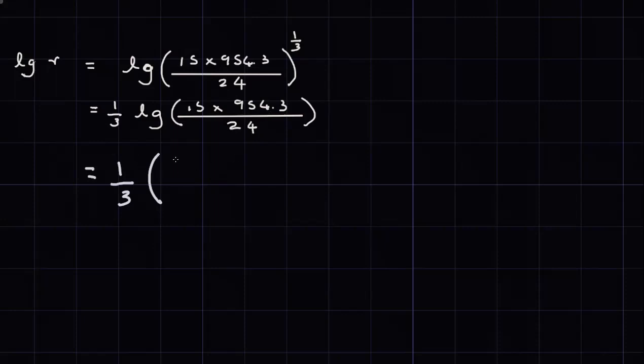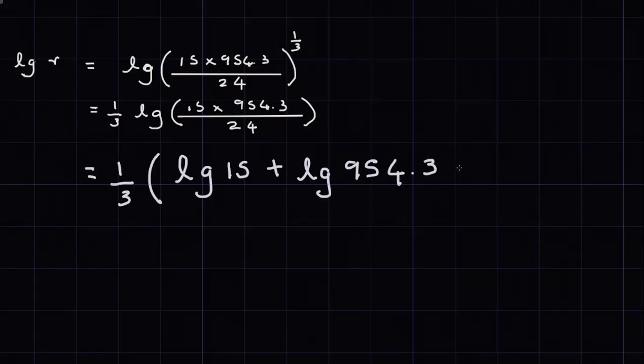So 1 over 3 times log 15, then there's a multiplication, so put addition, log 954.3 minus log 24. So that's 1 over 3 times, what's log 15?